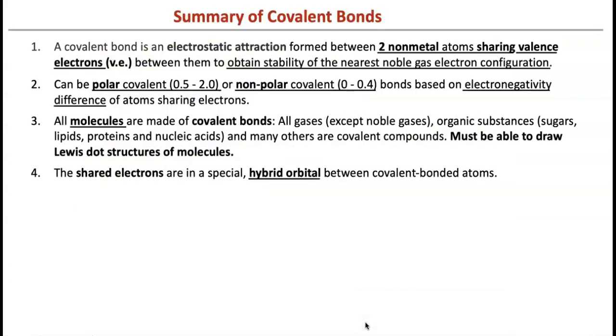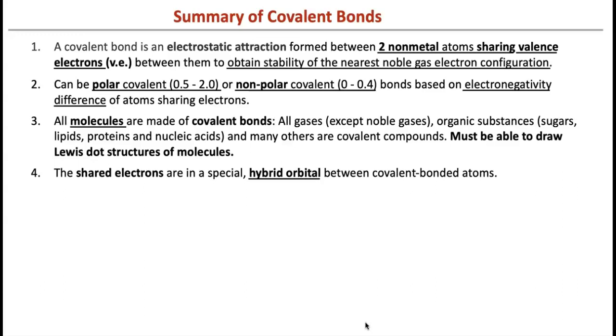Look at the summary. Covalent bonds are formed between two nonmetals, sharing electrons to become like the noble gas that comes after them. And they can be polar or non-polar based on the electronegativity difference. All molecules are made out of covalent bonds, and we looked at how to draw Lewis dot structures of covalent molecules.